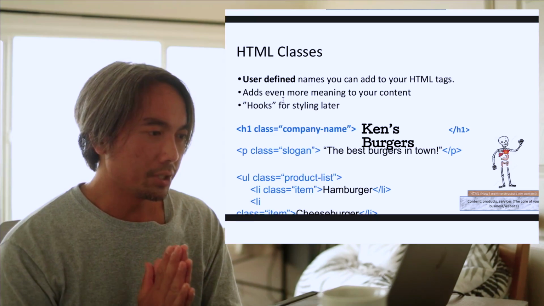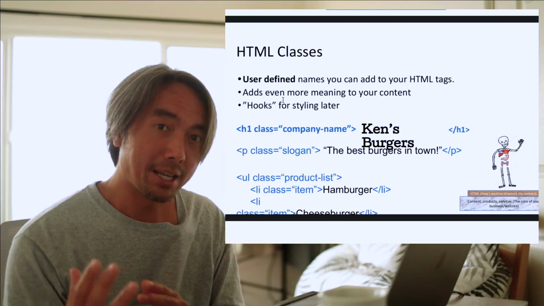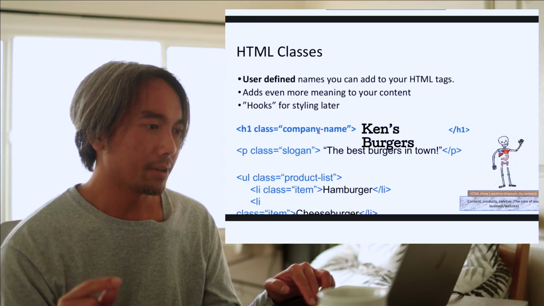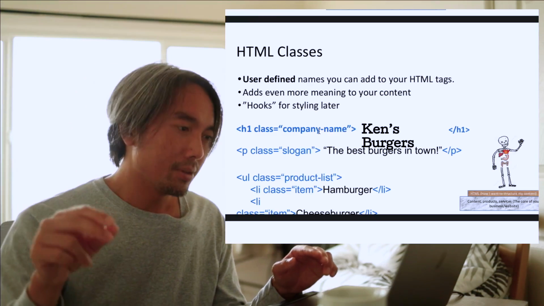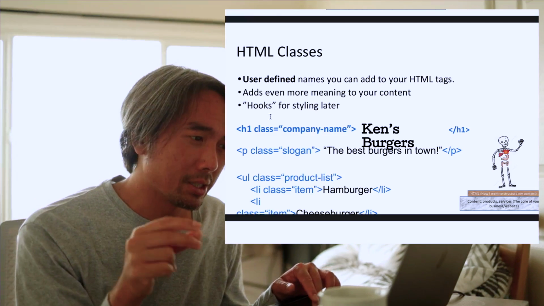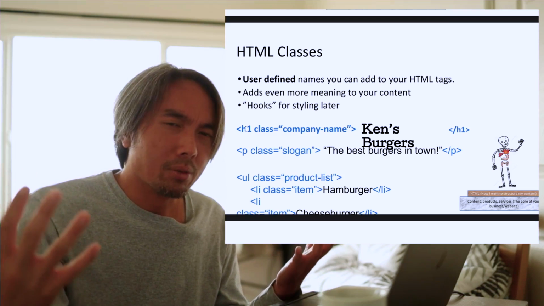So when you're choosing these class names, try to choose class names that have semantic meaning. For example, class equals company name. Again, you're marking up your text further, in more detail, to describe the content. Because H1 is pretty generic, it's just the main title, but what is it really?